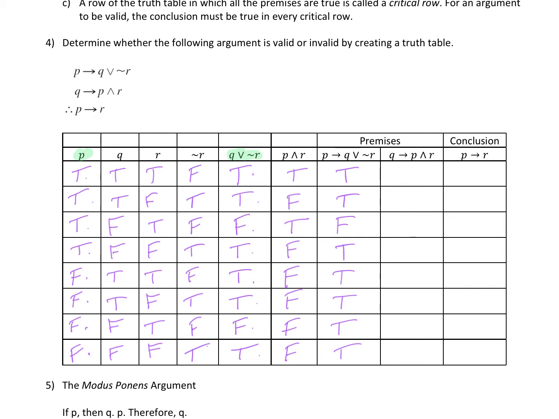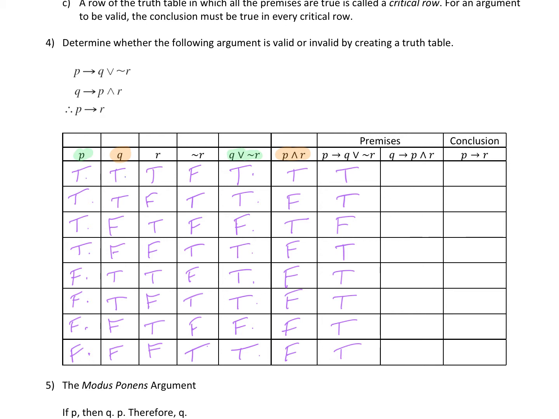Okay, and then my next premise, Q implies P and R. So now I am looking at the Q column and the P and R column. And I'm using an implication, which means, again, I am looking for true, false. I'm looking for places where Q is true, but P and R is false. That's the only way an if-then statement can be false.